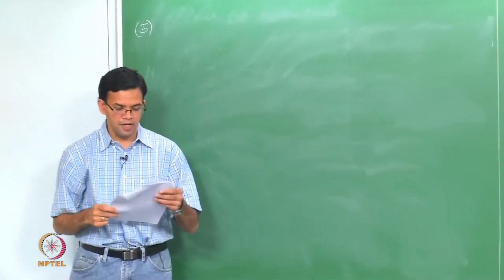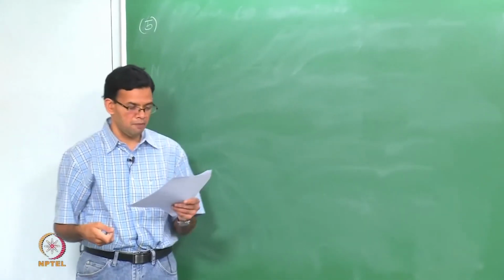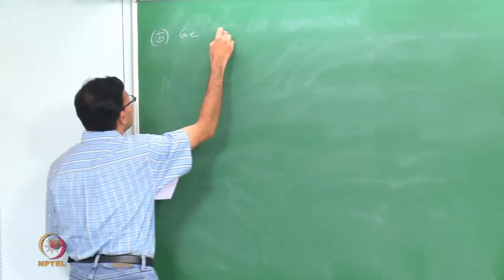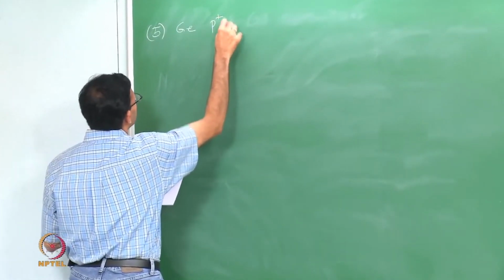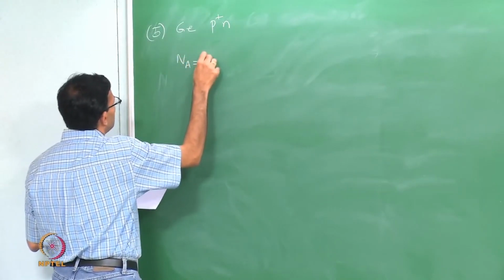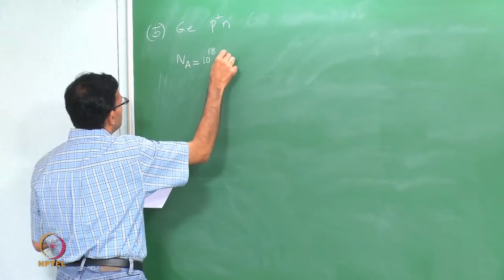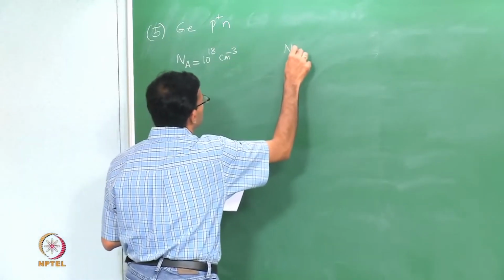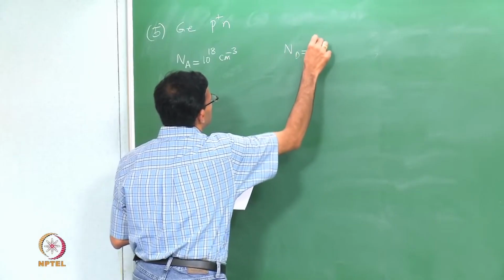Problem 5: you have a germanium p-n junction diode. It is germanium p plus n, and the values are given. Na is 10 to the 18 per centimeter cube, Nd is 10 to the 16.